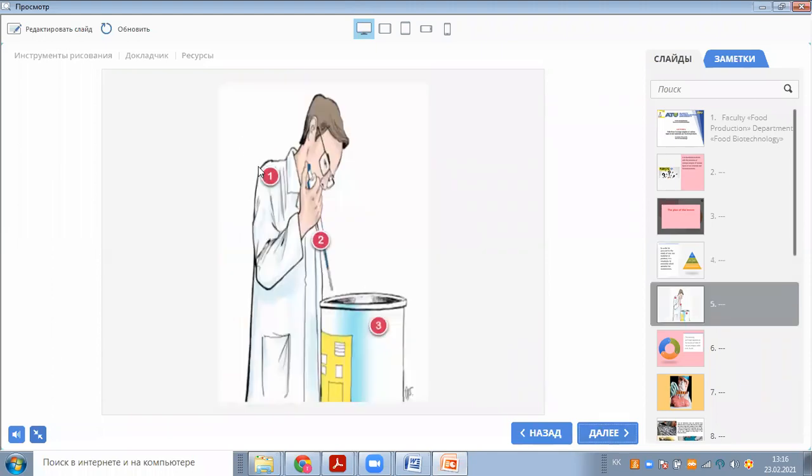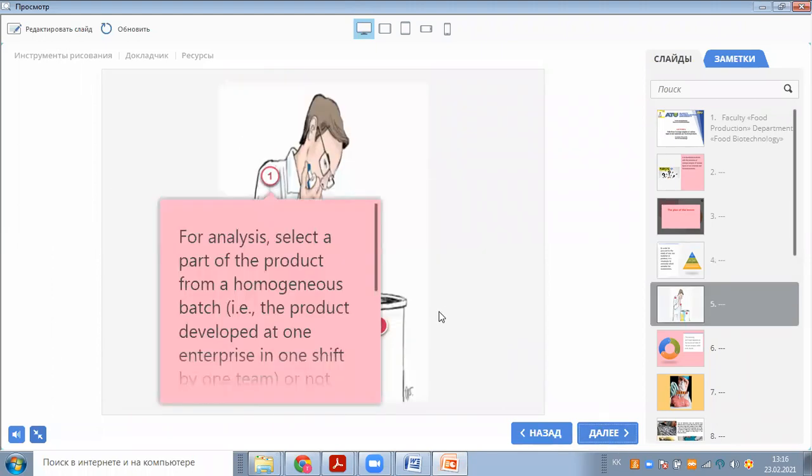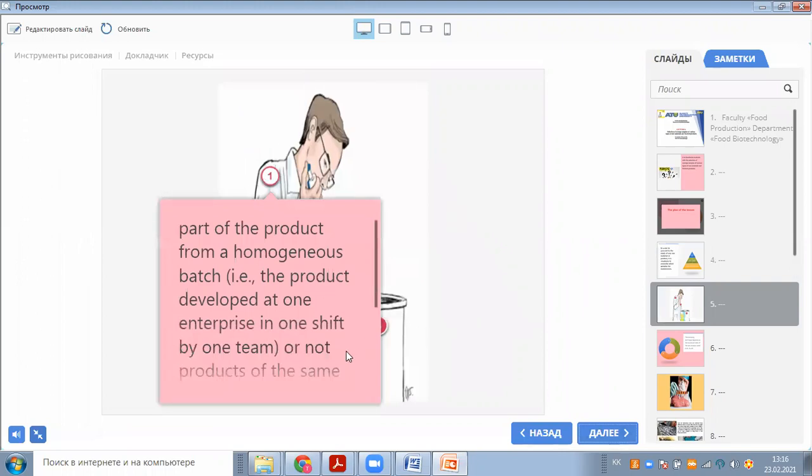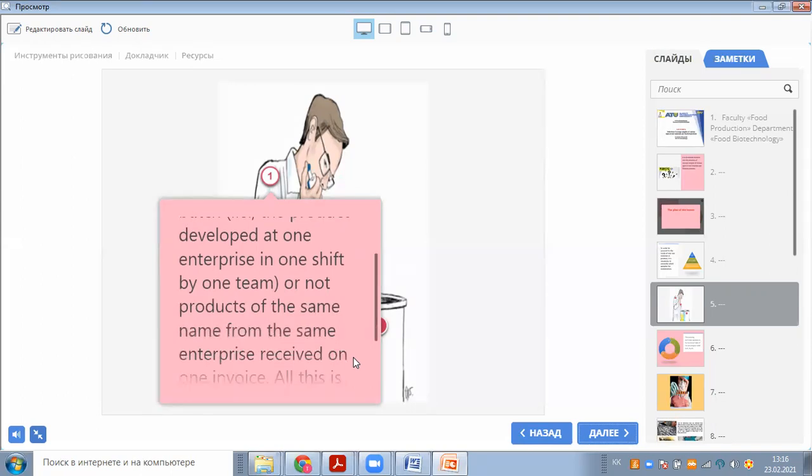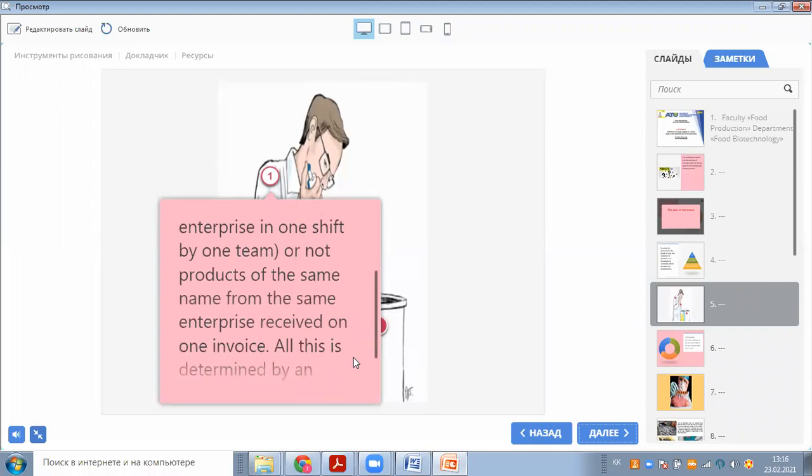And for analysis, select a part of product from a homogeneous batch, from the product developed at one enterprise in one shift by one team, or products of the same name from the same enterprise received on one invoice.